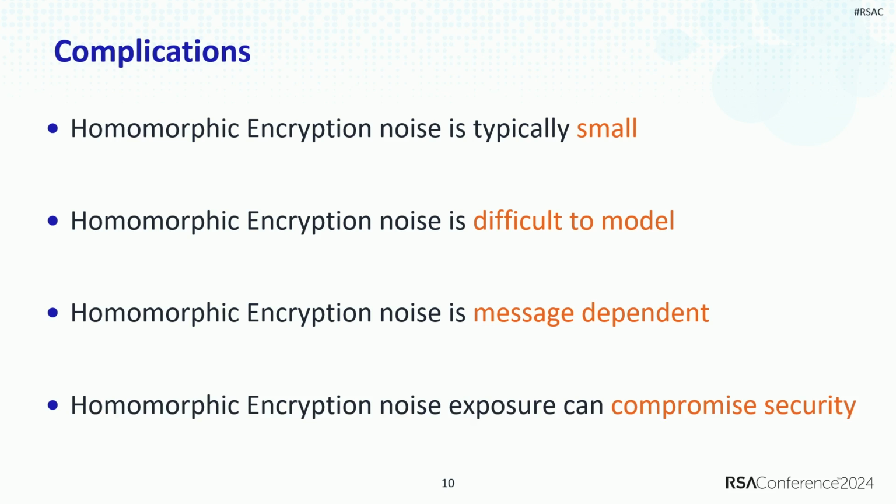And the last is that homomorphic encryption noise exposure can compromise security. So if you've got a really strong adversary who can see your encrypted ciphertext and see your presentation at the end, you've given the game away. That's really going to compromise the security of your scheme.